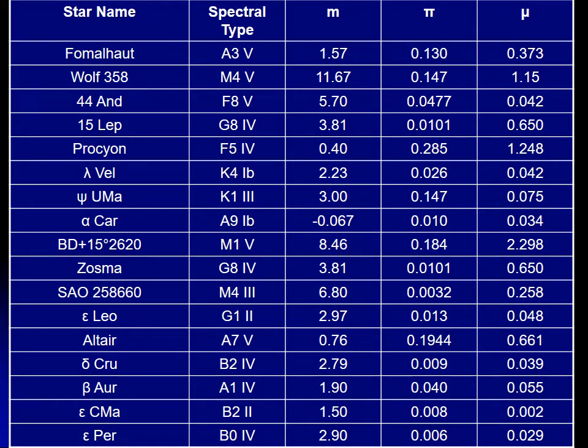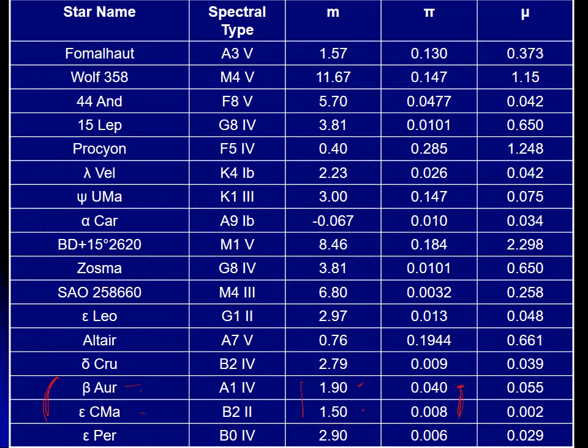Okay, so let's look at our chart again here. And if we look at our chart, let's consider these two stars right here, Beta Aurigae and Epsilon Canis Majoris. They are almost the same brightness. This star is a little bit dimmer than that star, okay, but they're way different distances. Beta Aurigae, which is just a tiny bit dimmer, has a much larger parallax, so that means it's closer.